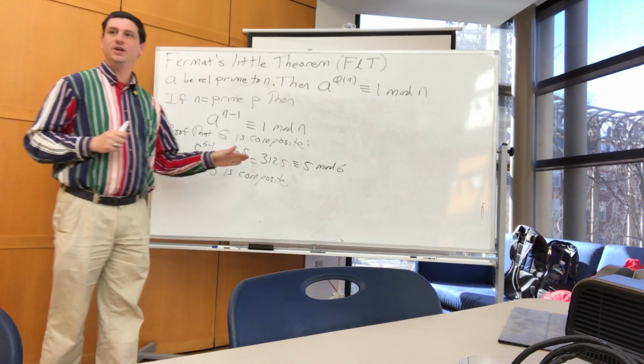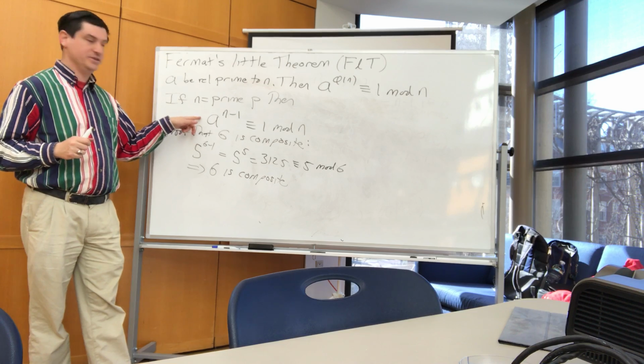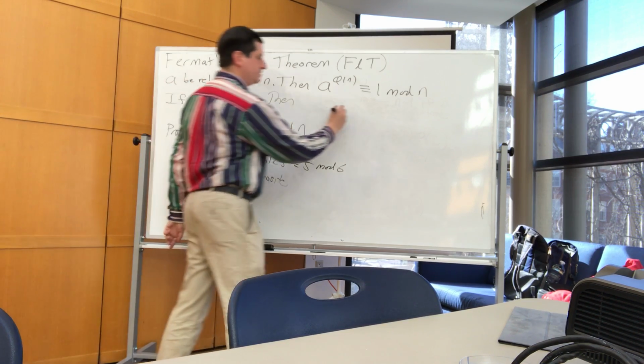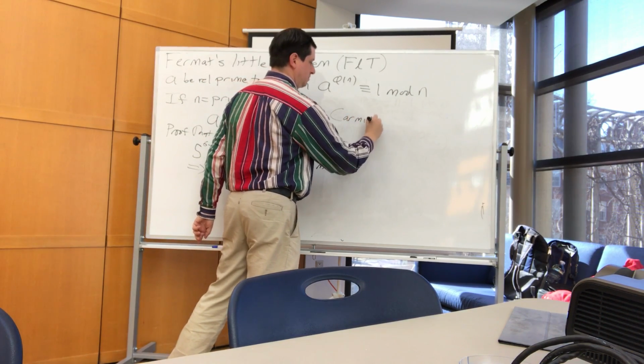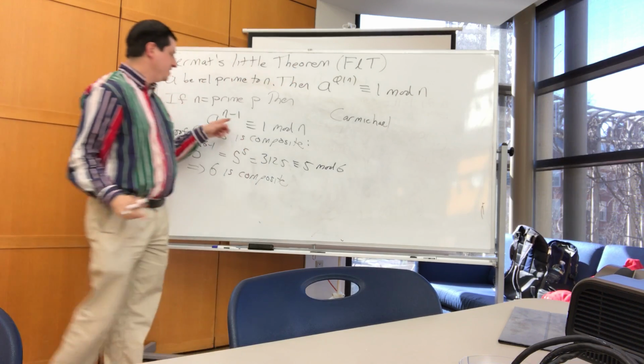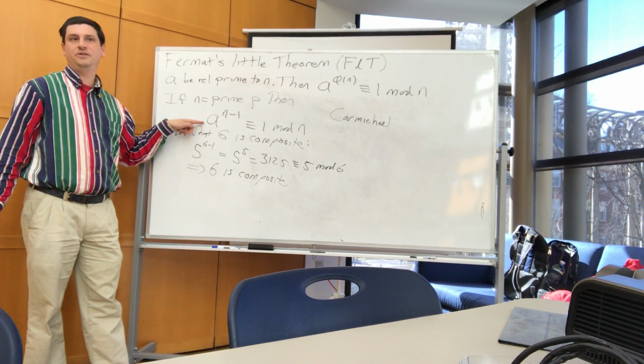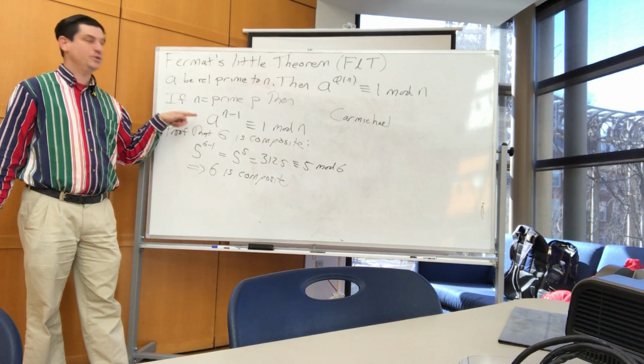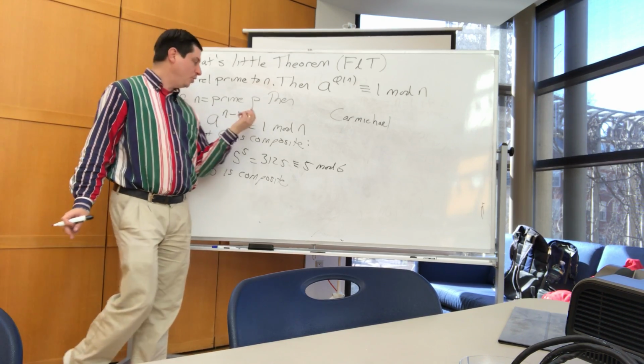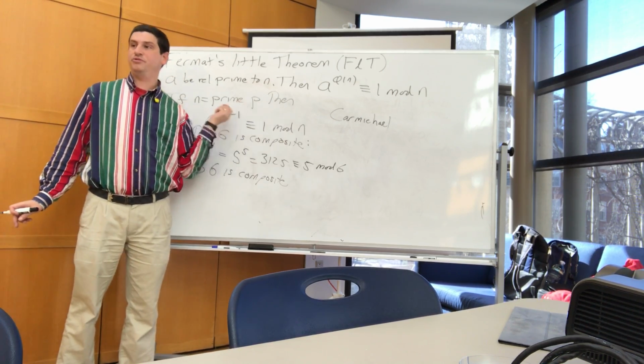Now, it turns out that there are certain numbers, called Carmichael numbers, such that they are composite, but they always pass this test. It turns out there are far fewer Carmichael numbers than prime numbers. Most numbers that pass this test are prime.